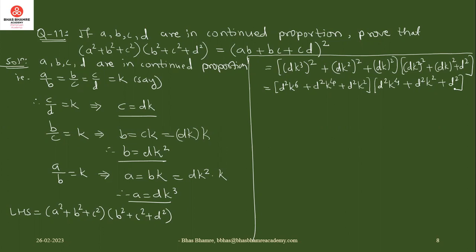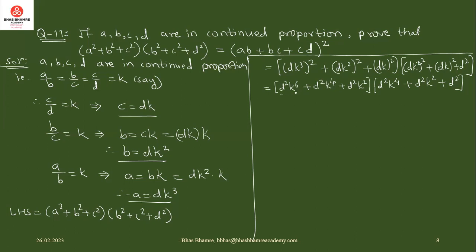And Tanishka, I think while removing the common from the first, you have missed something. Maybe you made DK cube the whole square as D square K raised to 5, but that is D square K raised to 6. Just cross verify that.